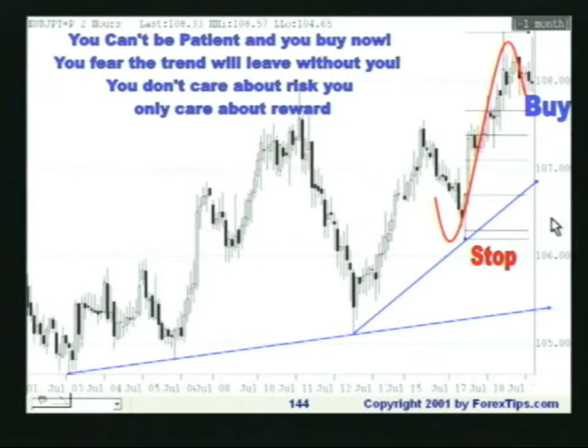Now, I want to walk through a scenario where you have traded before and you've said, I've missed out on so many trades because I was trying to wait for the market to come all the way down to the 618. It didn't come all the way down to the 618. It only came to the 50, or it came just a couple pips in front of the 618.